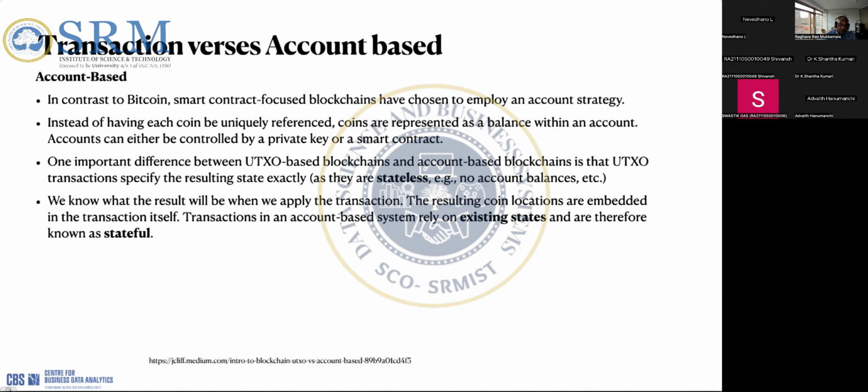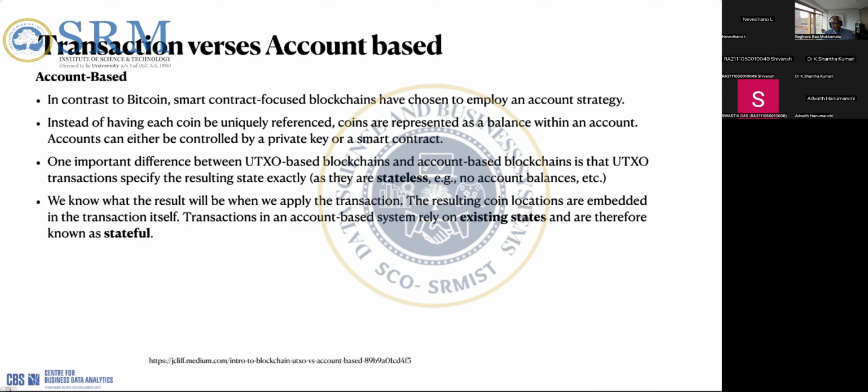This means you have some kind of wallet, and the money is stored in the wallet, similar to account-based strategies. Instead of each coin being uniquely different, coins are represented as balances in accounts. The accounts are controlled either by a private key or by a smart contract. You can also have a smart contract controlling an account and things like that.